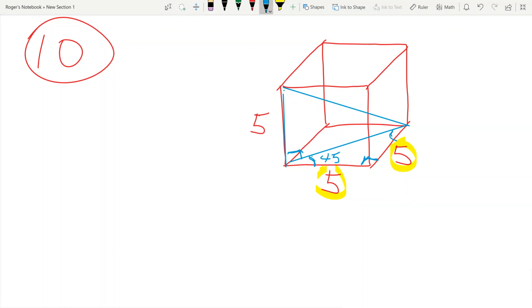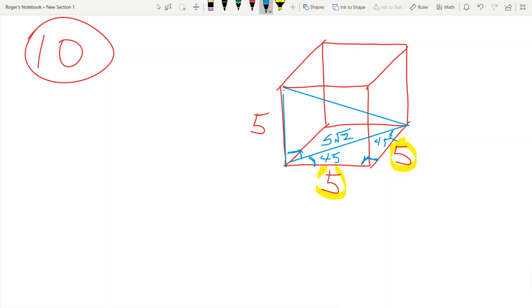That means that one up there is also 45. So it's 45, 45, 90. That means the distance across the base here is going to be equal to 5 times the square root of 2. Remember, it's L square roots of 2. And it's 5, so 5 square roots of 2.